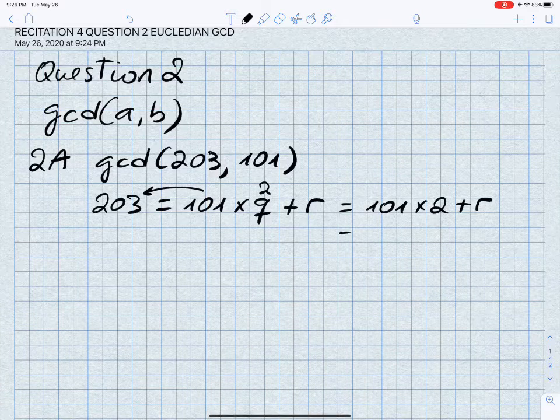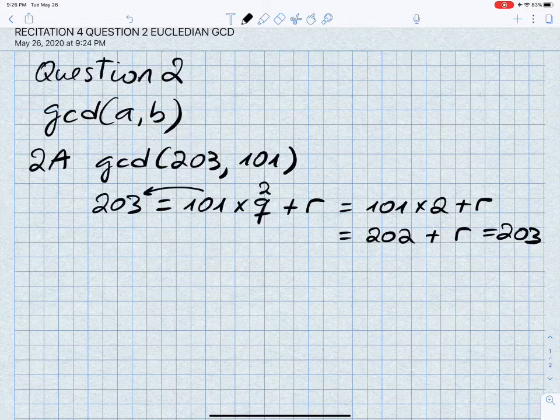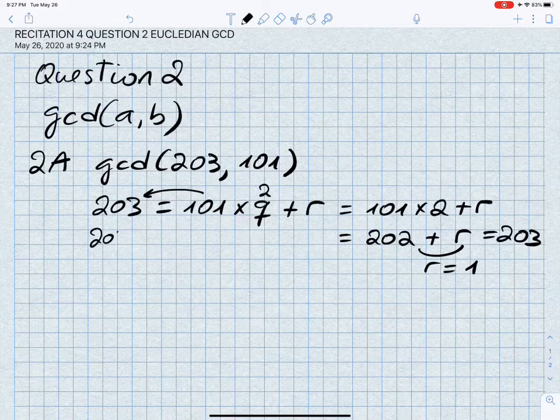So this is equal to 202 plus some remainder to reach 203. So in this we see that the remainder is 1. So we have that 203 is equal to 101 times 2 plus 1.